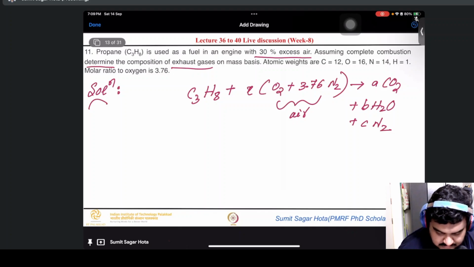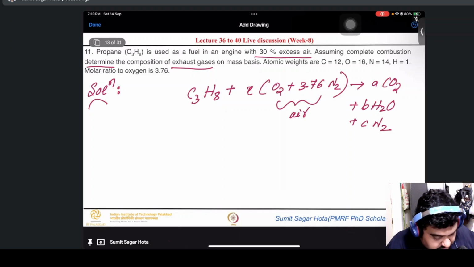So let's start with the balancing case. What is the amount of x, a, b and c? We just need to find them out so that our equation will be complete.